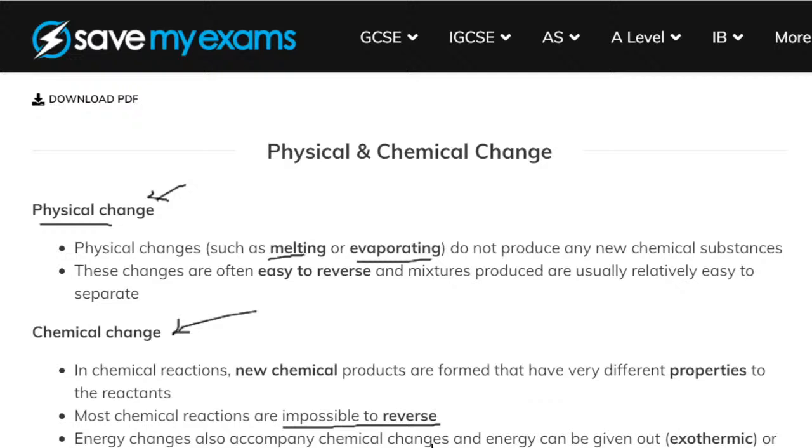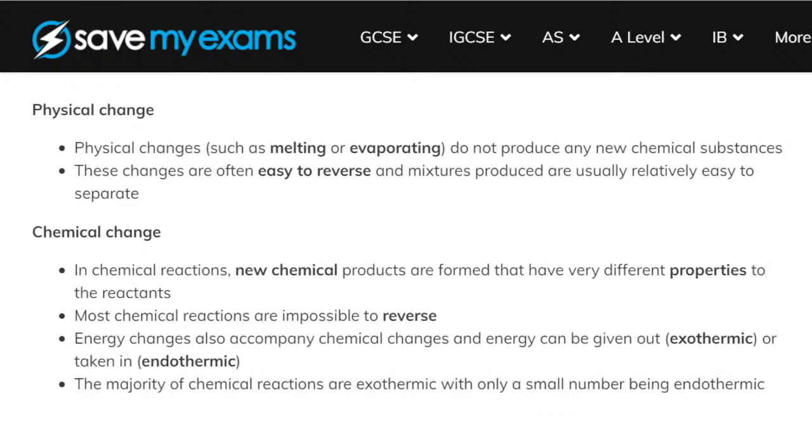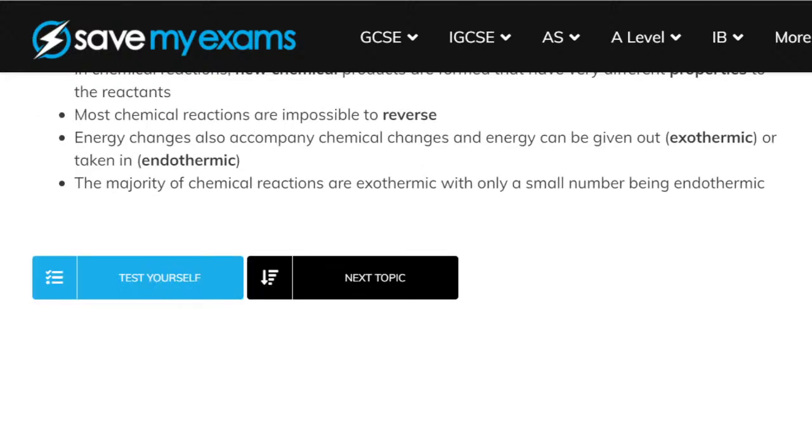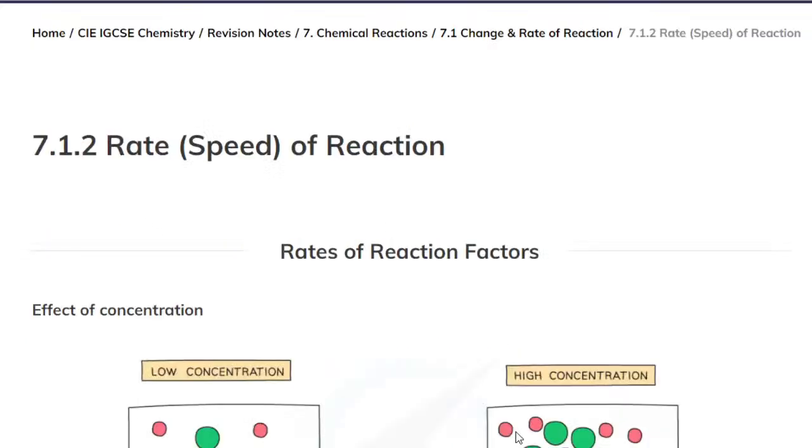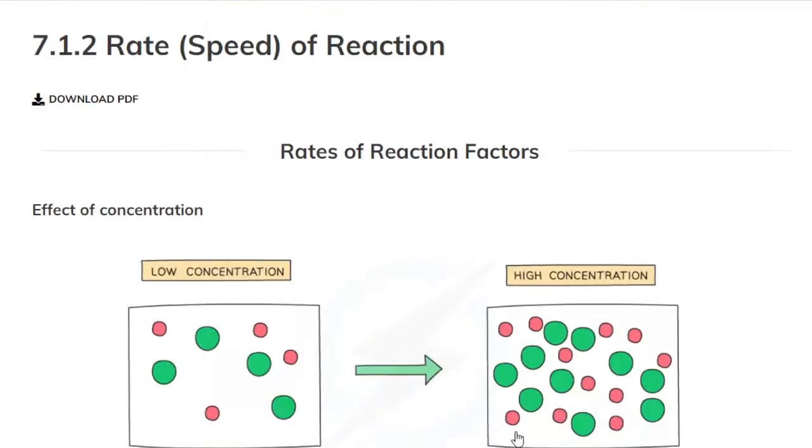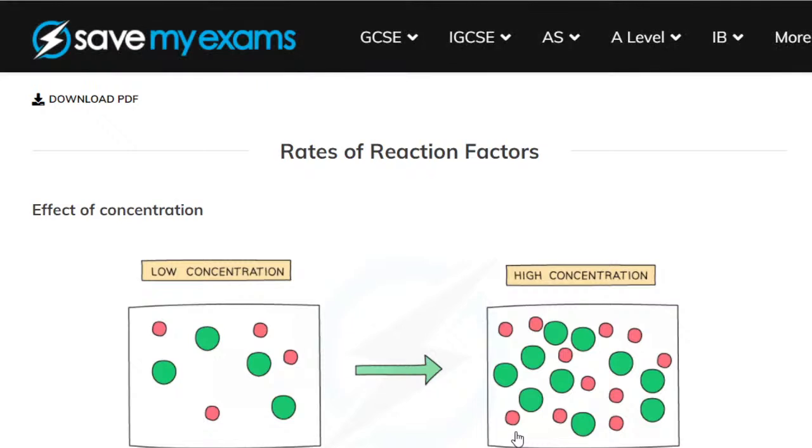Later, at the end of the live stream, we will do some questions on physical and chemical change. Now let's move on and have a look at the speed of a reaction. We're going to look at the factors that affect this reaction. What are the factors when I react two substances? What happens there?